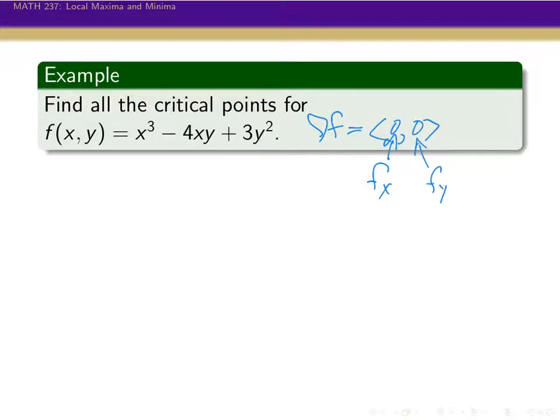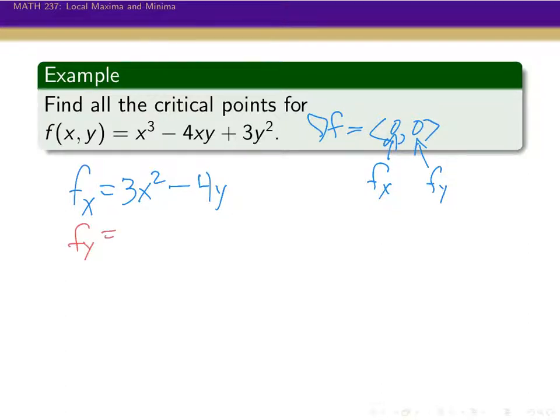So we've got to get these two partials. So what's the partial in terms of x here? Well, the derivative of x cubed is 3x squared, minus the derivative of 4xy in terms of x is going to be 4y, and then 3y squared doesn't have any x's in it, so that just disappears.